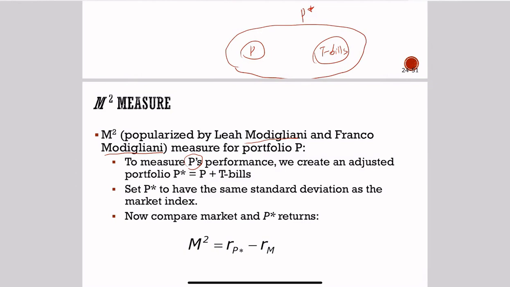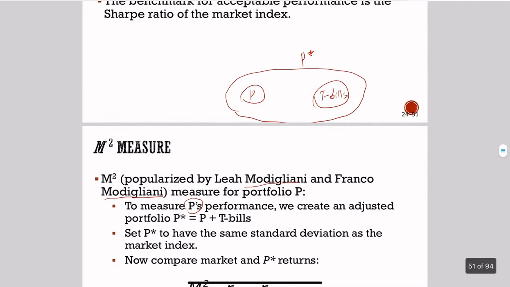And then I will think about how much I want to allocate into portfolio P and how much money I want to allocate into T-bills. So by correctly allocating my investment between portfolio P and T-bills, I can make sure that this mixed portfolio P star has the same volatility as the market index.